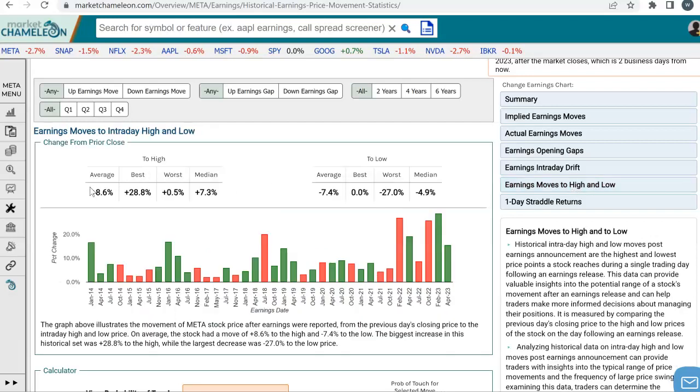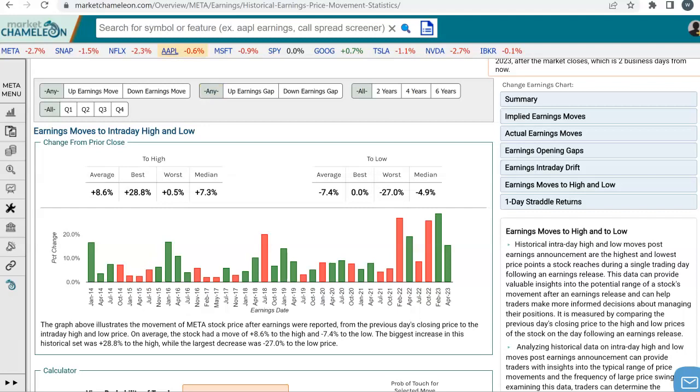What this shows us is, if we use the closing price the day right before the earnings were announced, and then compare that closing price to the next day's high or low of the day, what is that percentage move? We're taking the larger one, to the high or to the low, and measuring that percentage move to see how far it could potentially stretch.